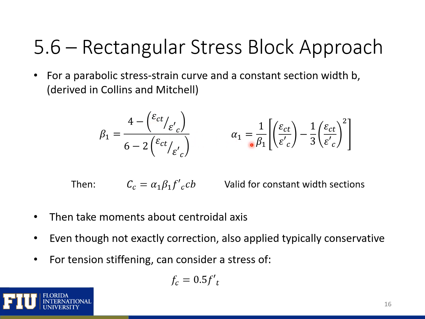So with those, we can find our beta 1 and our alpha 1, and with these values, we can determine the compression block, or the compression force in the compression block. We can use these then to find all of our axial loads and moments using some of the same relationships that we already talked about.